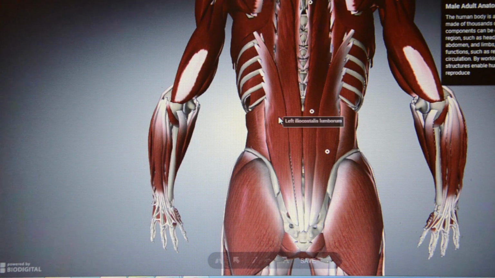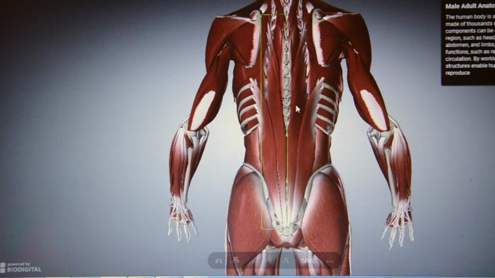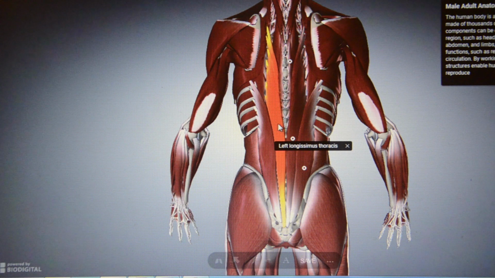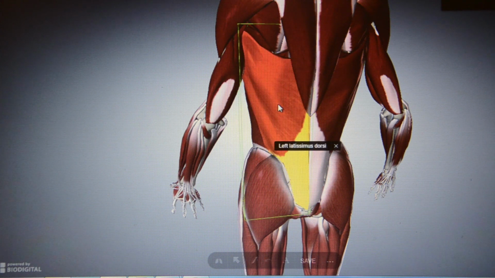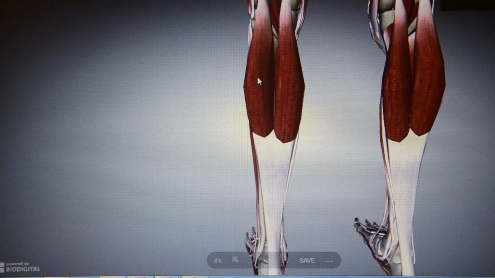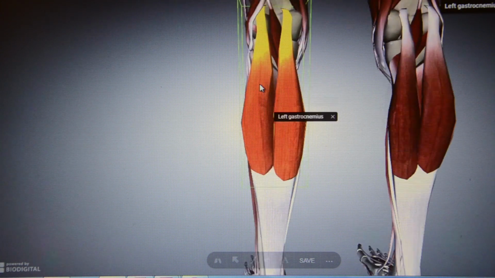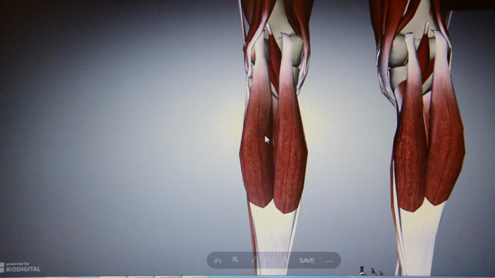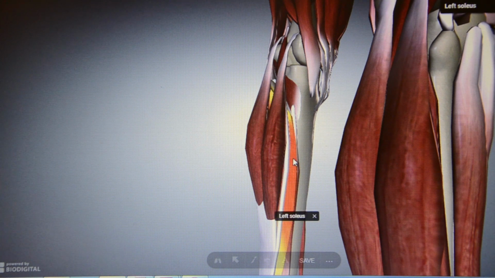Back muscles, and the first one is iliocostalis lumborum, longissimus thoracis, and also we have latissimus dorsi. Lower limb muscles, gastrocnemius and soleus.